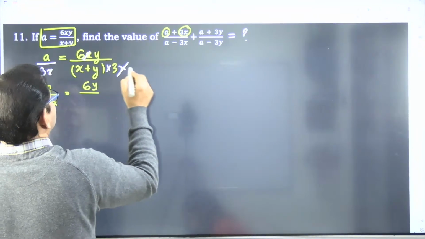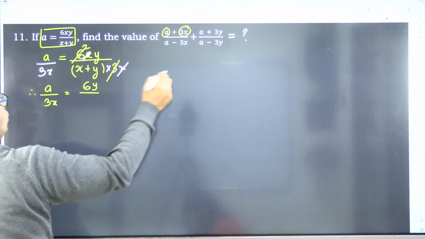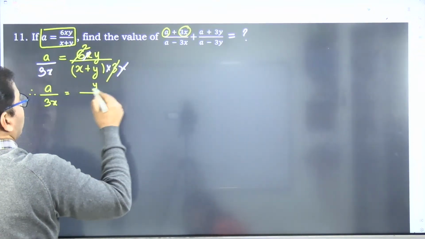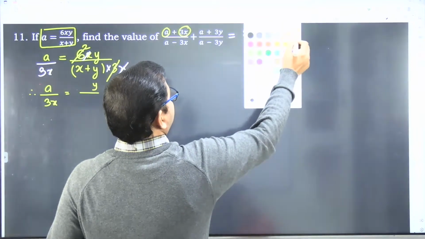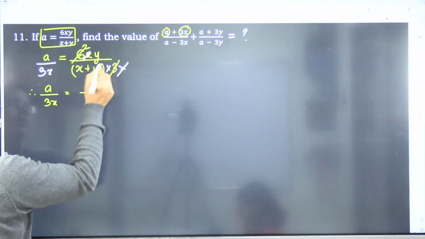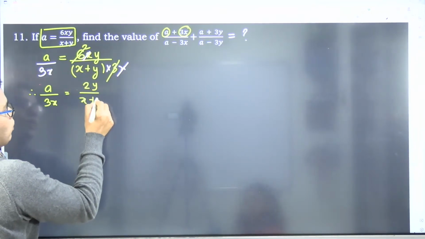Okay, what was here, 3. Okay, so 3 into 2 ये भी cancel कर सकते थे. Okay, so 2y, 2y. 3 into 2, 3 into 6, 3 into 2 is 6. So 2y upon x plus y.